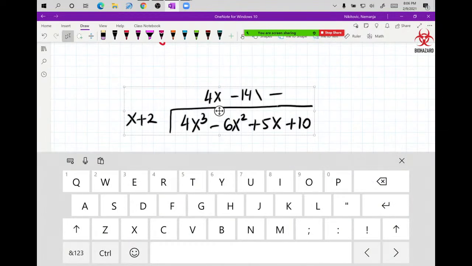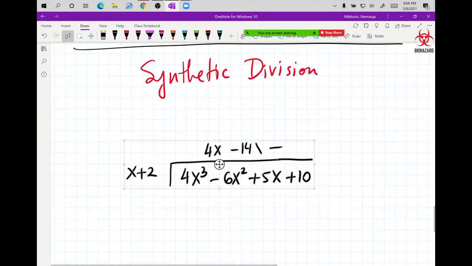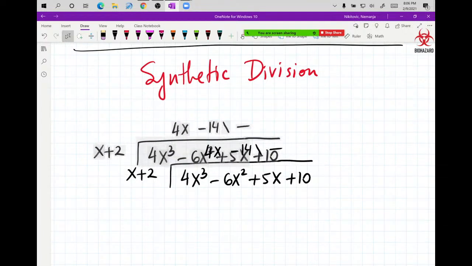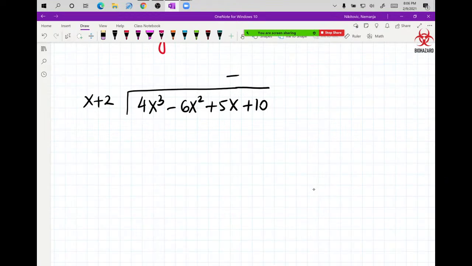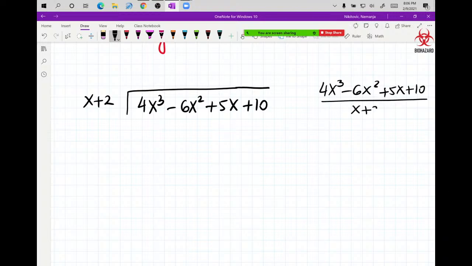It's going to be weird, but you'll get through it. So this is the way the problem is asked, or it can be asked as a fraction, right? Of 4x cubed minus 6x squared plus 5x plus 10 divided by x plus 2.